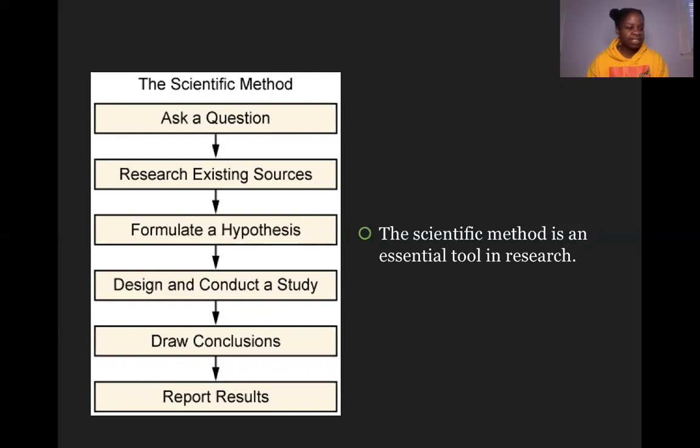So this is not just any random question, but it's a question that is pertinent, right? It's a question that people find interesting or want to explore. There might be a need for this specific question to be answered.